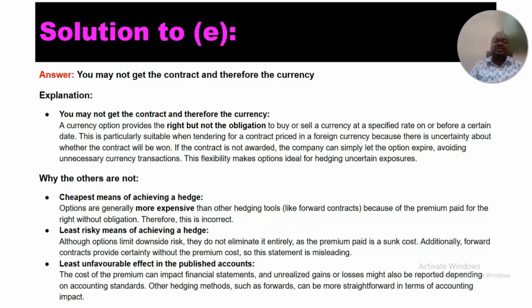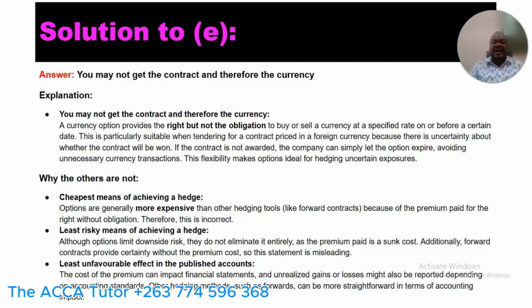Two, least risky means of achieving a hedge. Options limit downside risk. They do not eliminate it entirely, as the premium paid is already a sunk cost. Additionally, forward contracts provide certainty without the premium cost, so this statement is misleading.